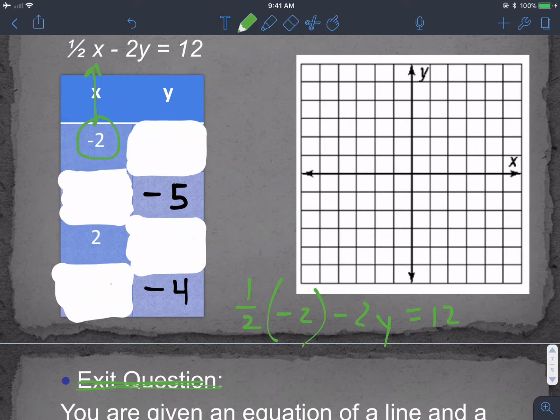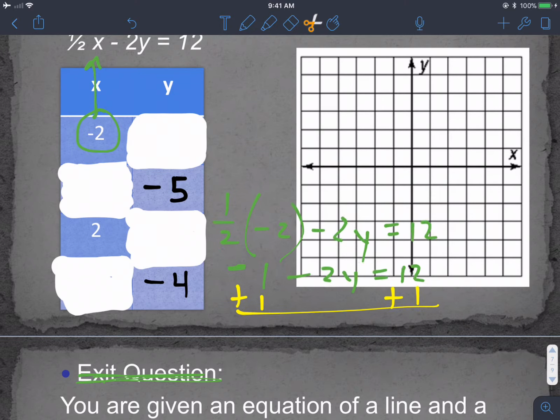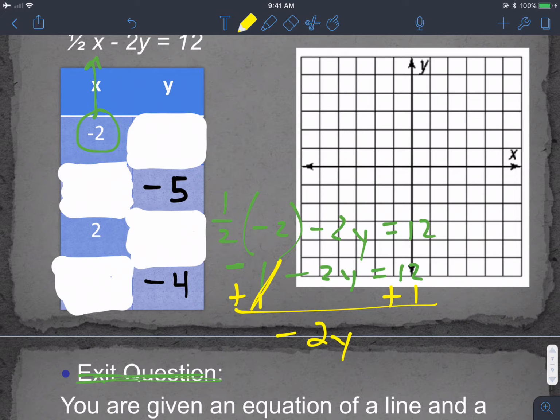That will become negative 1 minus 2y equals 12. I have to add 1 to both sides. Okay, I will get a fraction here, which is good. Divide by negative 2. So y is going to be equal to negative 13 halves.